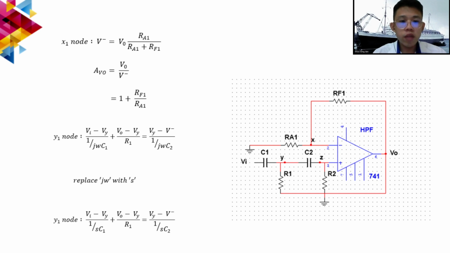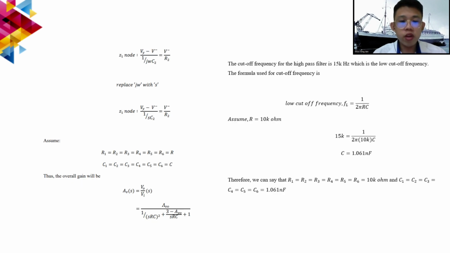For the Y node, (VI minus VY) divided by 1 over SC1, plus (VO minus VY) divided by R1, equals (VY minus V minus) divided by 1 over SC2. For the Z node, (VY minus V negative) divided by 1 over SC2 equals V minus over R2.